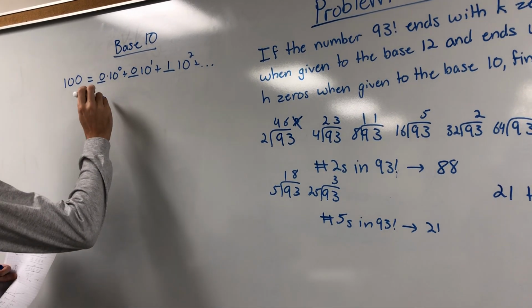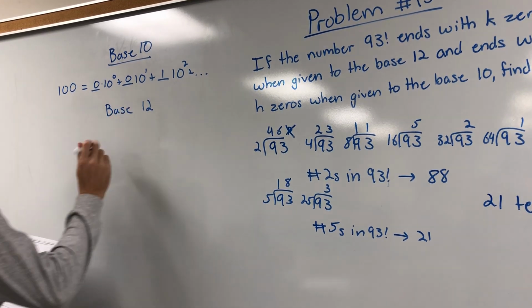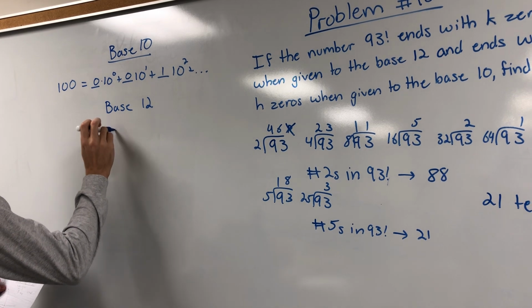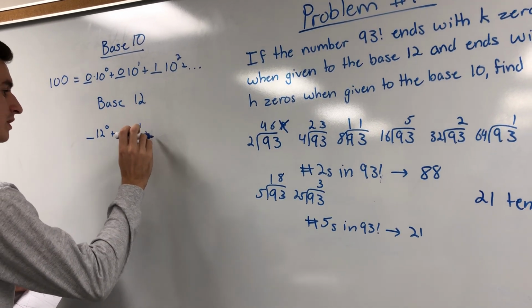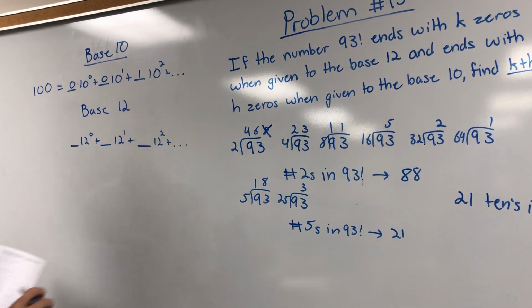So in base 12, you have something times 12 to the 0 plus something times 12 to the first plus something times 12 squared, and so on.